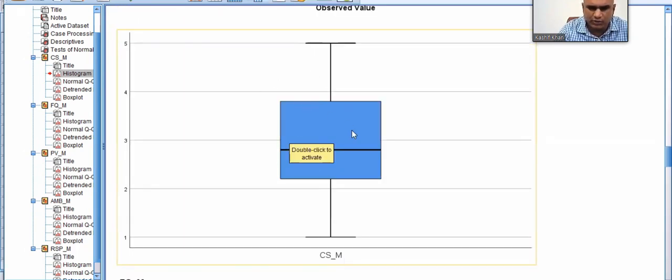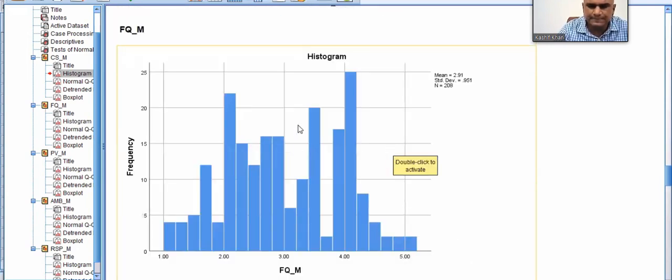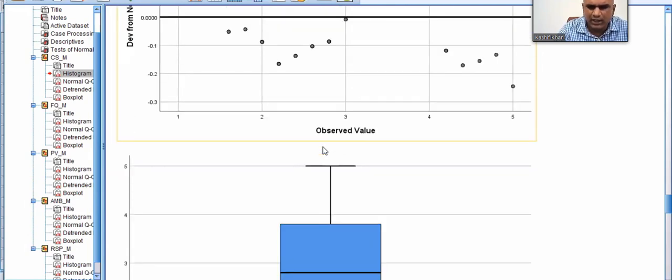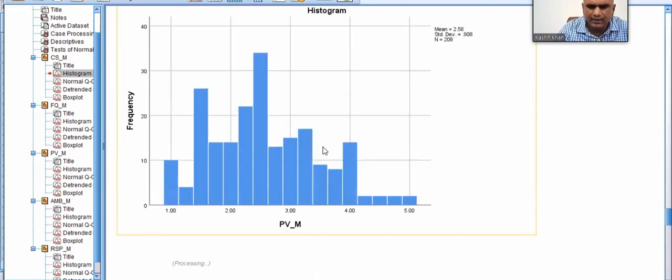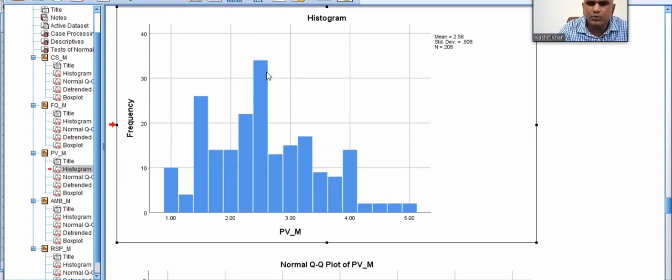And again, showing the box plot, that means there are no outliers here. Here, it almost looks okay. And then this is probably a little bit skewed. This is a little bit skewed. And can we change it?